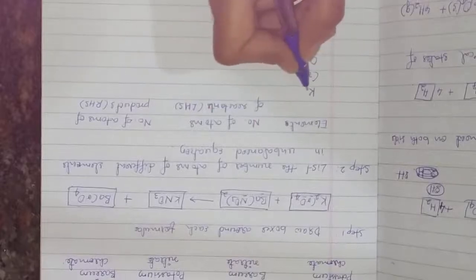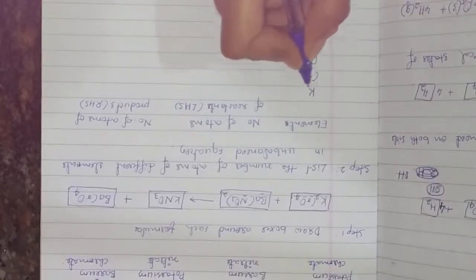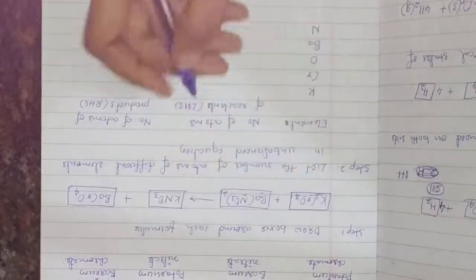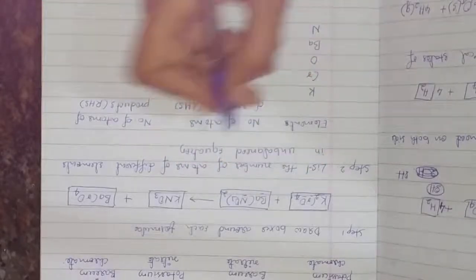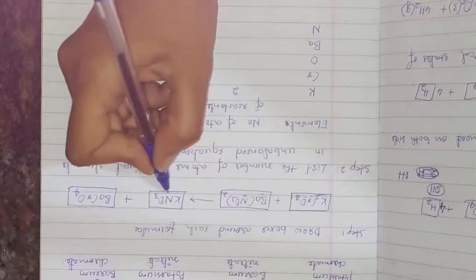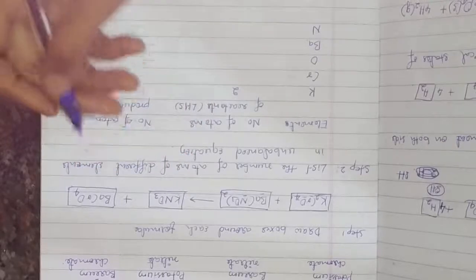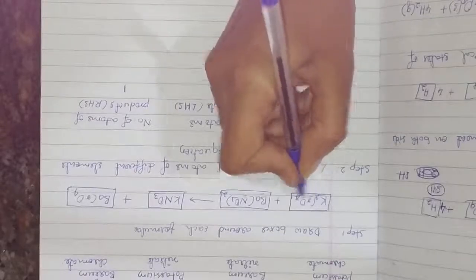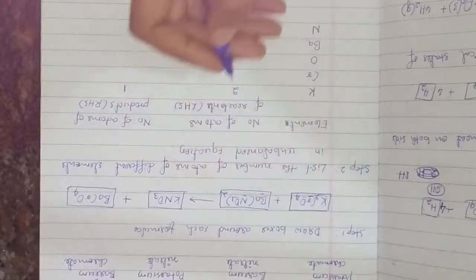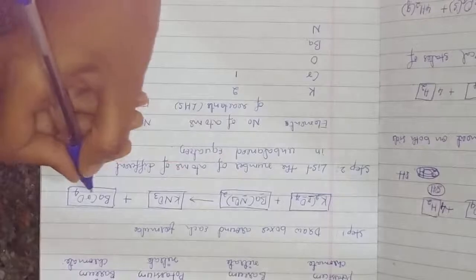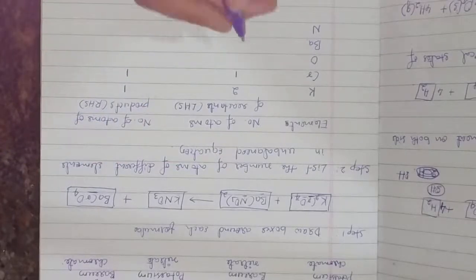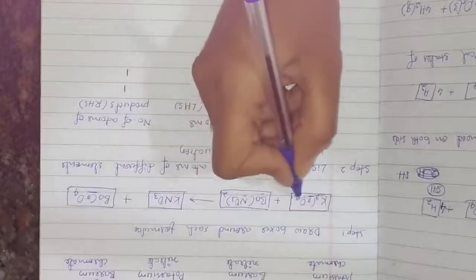First we'll count the number of potassium atoms on the reactant side. See here, 2, so I'll write 2. Now count on the product side. Here 1 I will write. Next chromium, on the reactant side the chromium number is 1, and on the product side it is again 1. Next we will count the oxygen atoms.